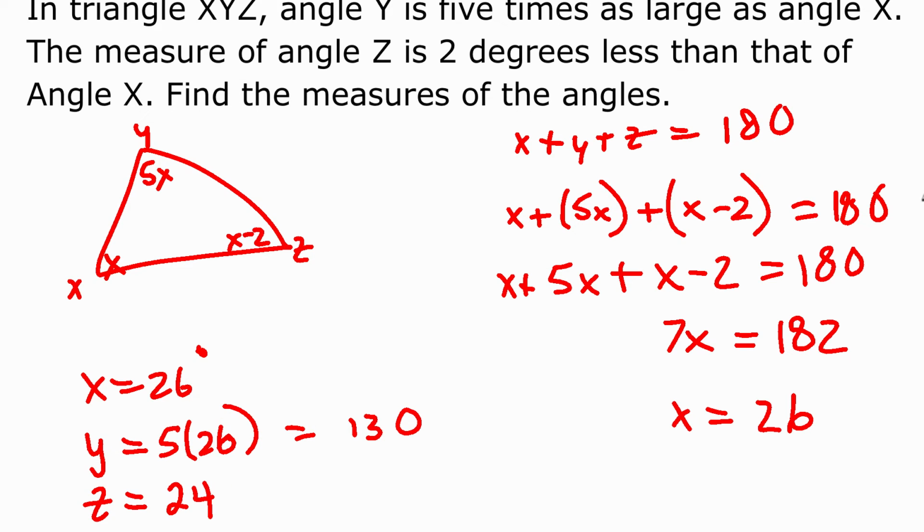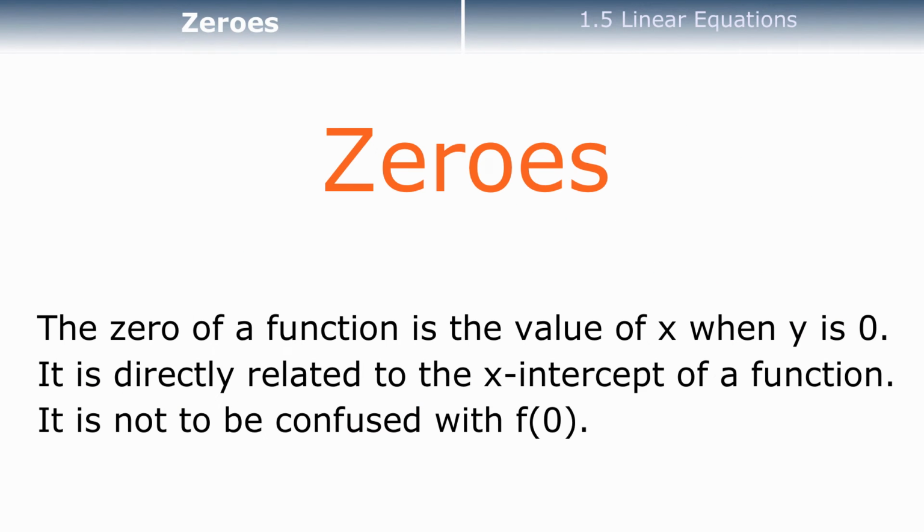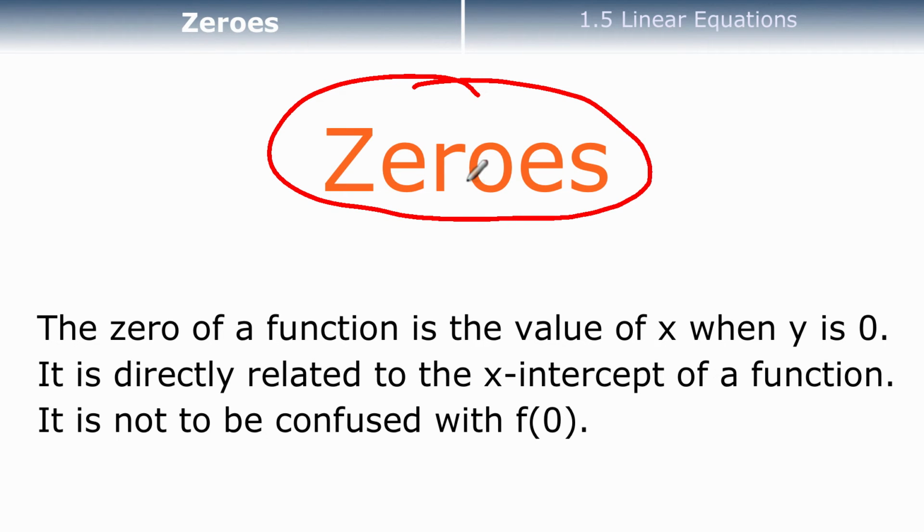So those are just some quick examples of problem solving where you would have a linear equation that you wind up having to solve. A couple other concepts to look at is the idea of zeros. A zero of any kind of an equation or of a function is the value of x when y is 0.